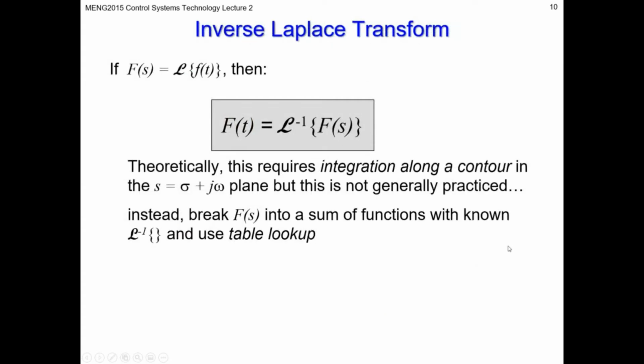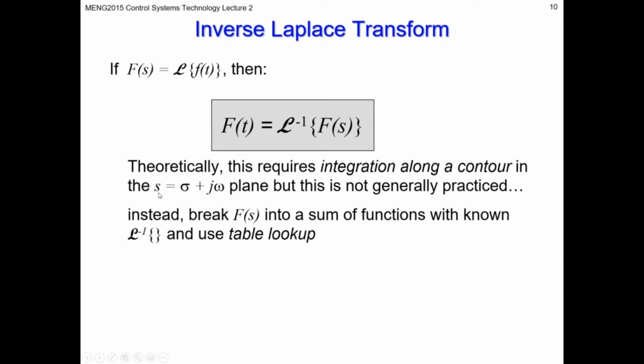Well, the theory says that you're supposed to integrate along a contour in the S-plane, right? And we'll do a lot more with the S-plane as we go through the course. But basically, the S-plane is a complex plane, so you have a real part and an imaginary part. This is your real part, sigma. Your imaginary part is omega, j omega is the imaginary part.